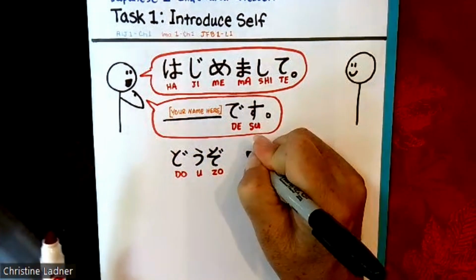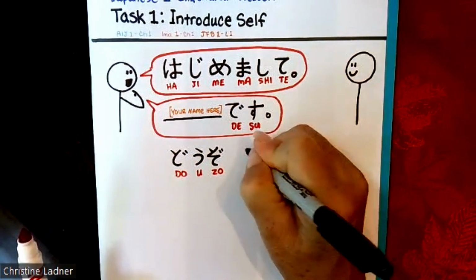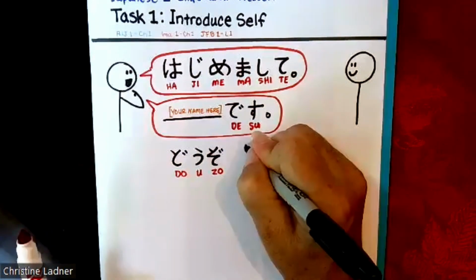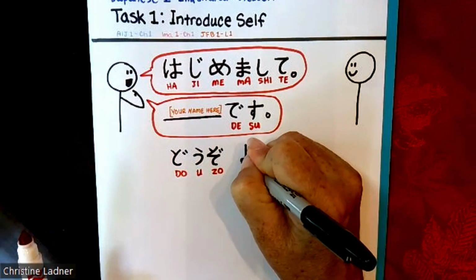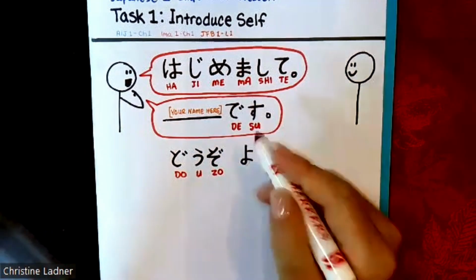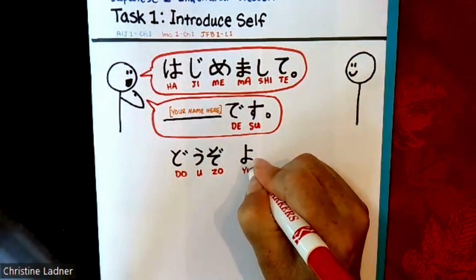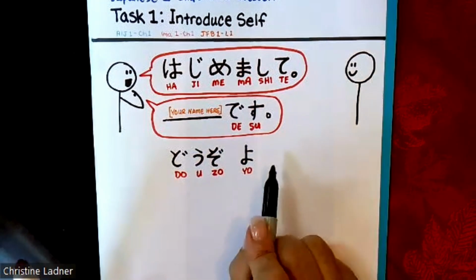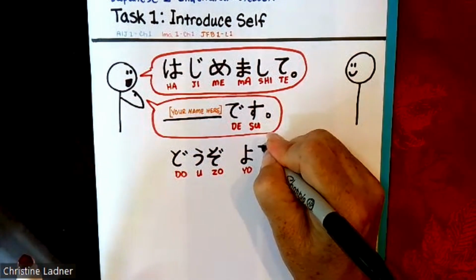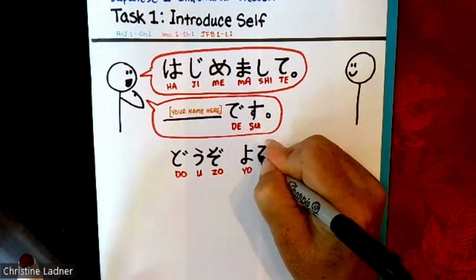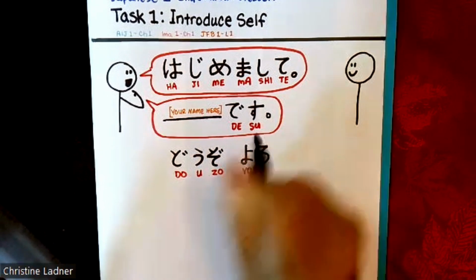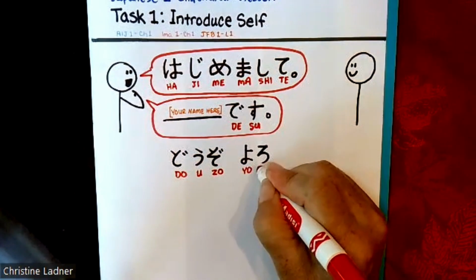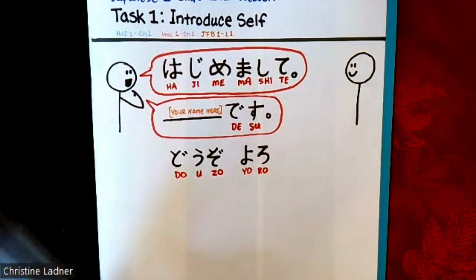Yoroshiku is next. Yo. And then we start at the top for yo. Down and loop to the right. Yo. Ro. Straight across for ro. Down and big curve. Yoro. Shi.